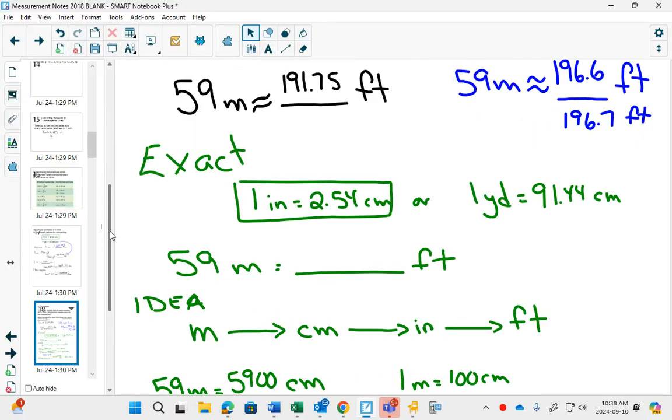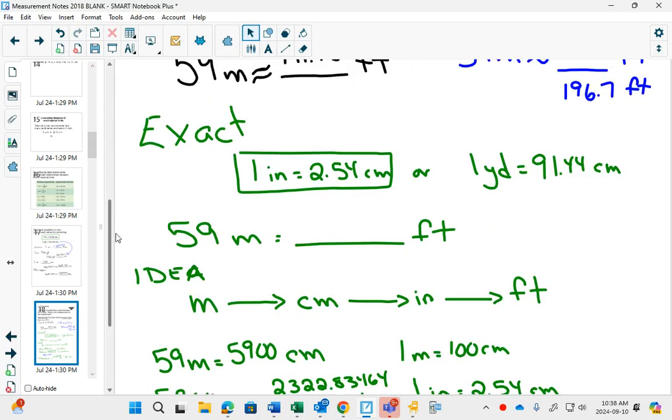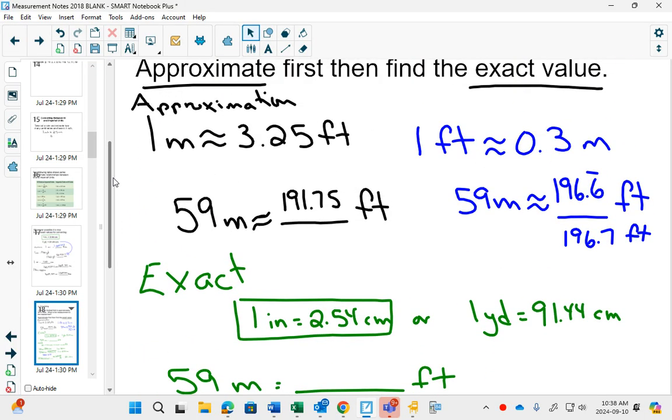And the exact one was 193.5. So it looks like the black one's a little bit closer, but the 193.5 is almost in the middle. Okay? It all depends what you're trying to do.